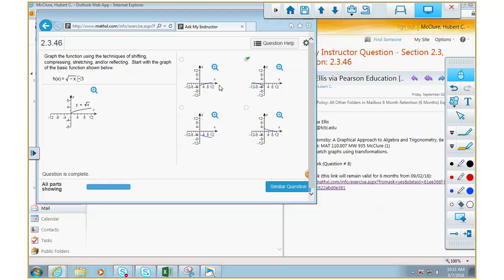That one's a positive. That one's just all screwed up. Wait a minute, let me think. Negative would be, I think it would be this one. No, it'd be this one. Yeah, that's right. It's going the opposite direction.